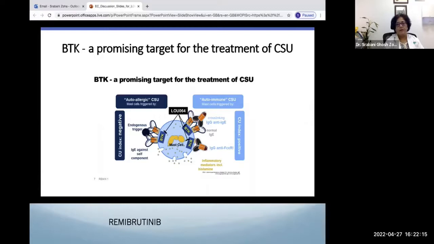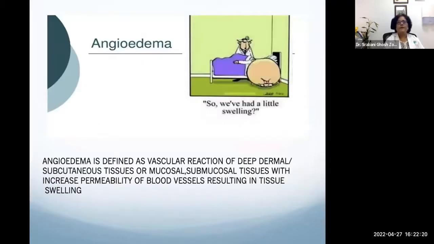Now, coming to the second part, angioedema is defined as a vascular reaction of deep dermal subcutaneous tissues or mucosal submucosal tissues with increased permeability of blood vessels, resulting in tissue swelling.